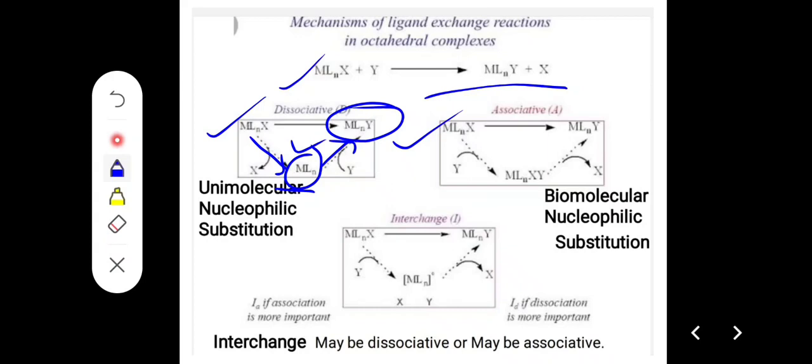In associative, first Y is used: the whole initial complex MLnX reacts with Y and produces the intermediate MLnXY, and then X is removed. So the overall reaction depends on both the initial complex concentration and the nucleophile concentration. So we can say bimolecular nucleophilic substitution reaction.